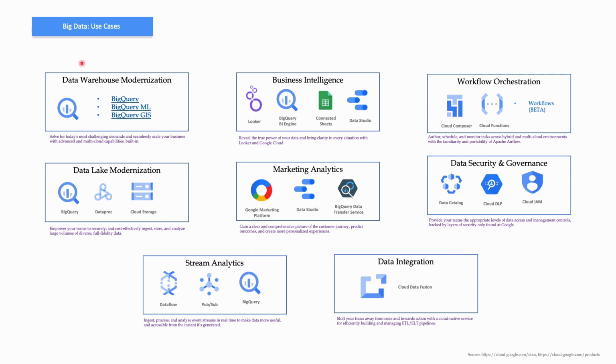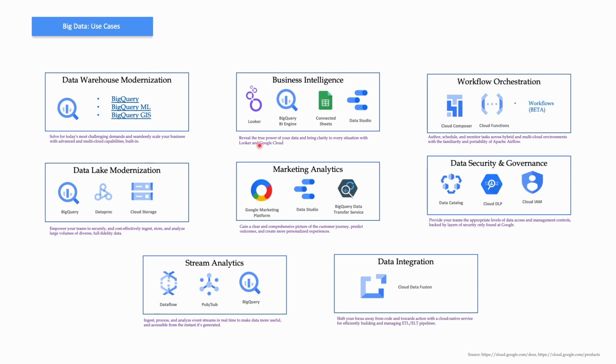So if I take an example of data warehouse modernization, which is to solve today's most challenging demands and seamlessly scale businesses with advanced and multi-cloud capabilities, BigQuery is perfect for that use case with its BigQuery ML and GIS services.